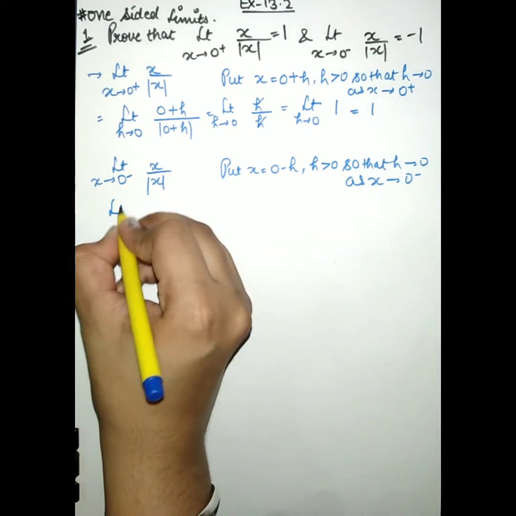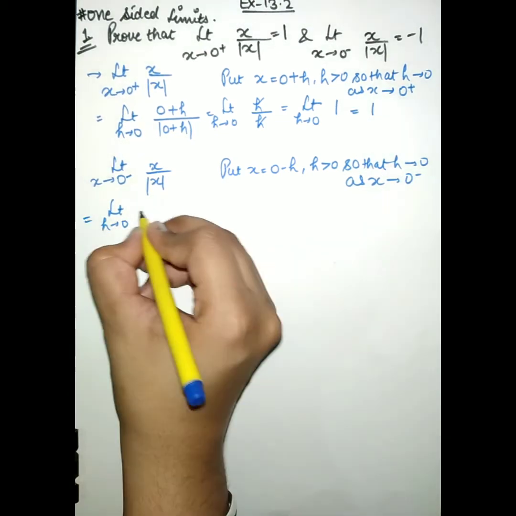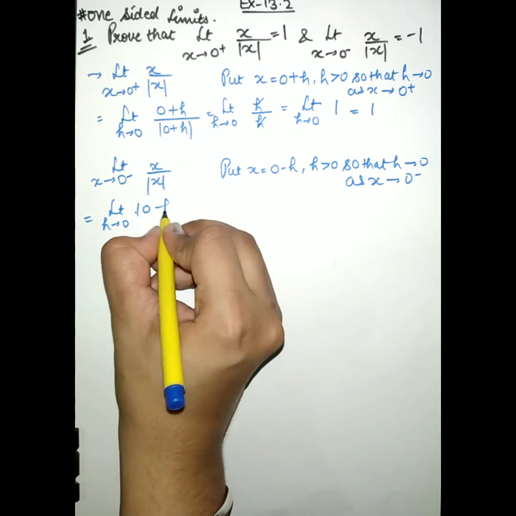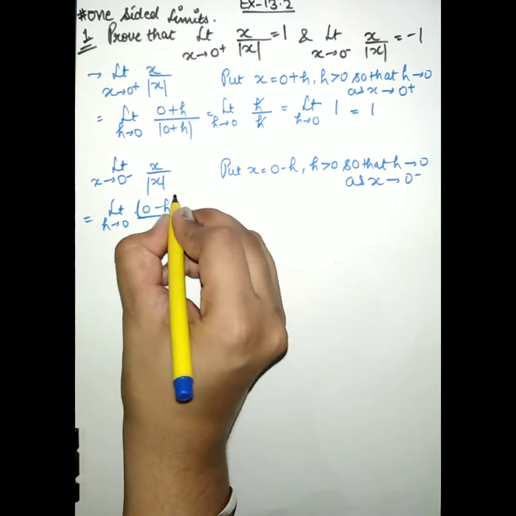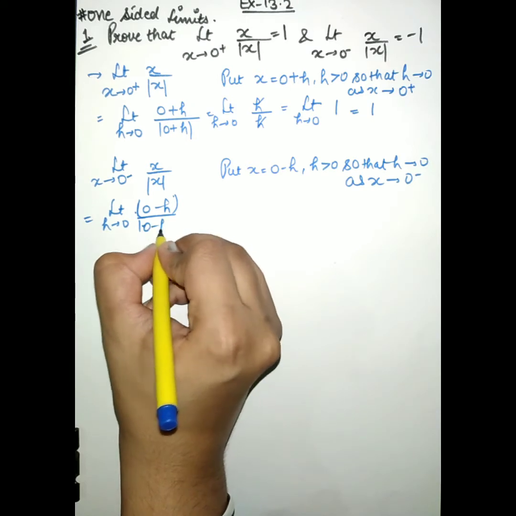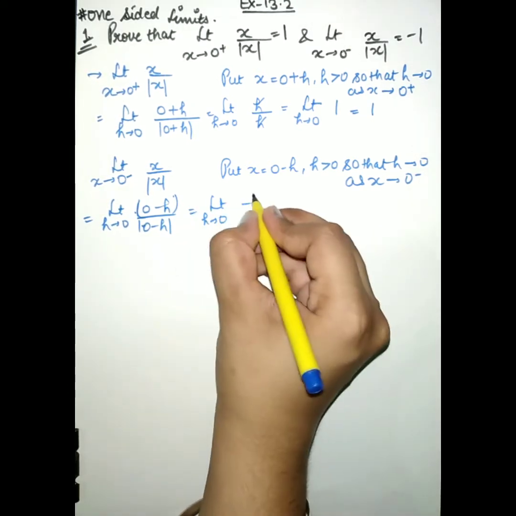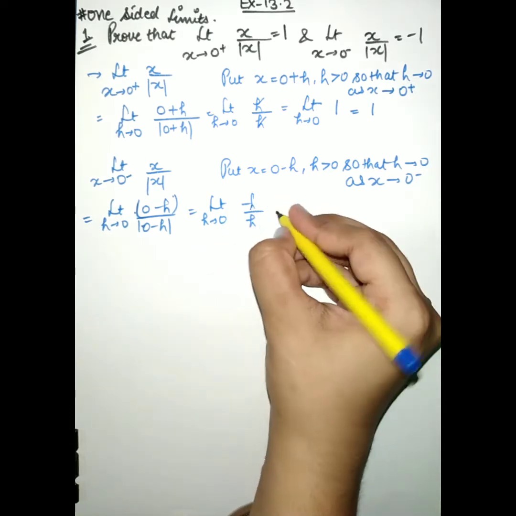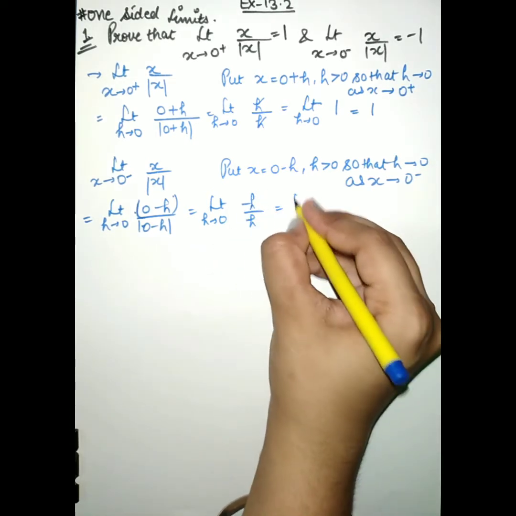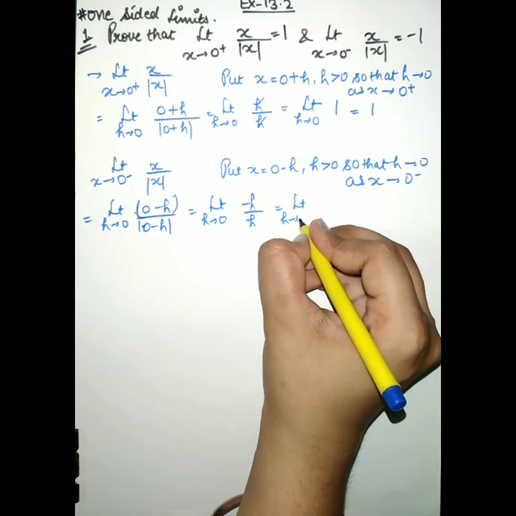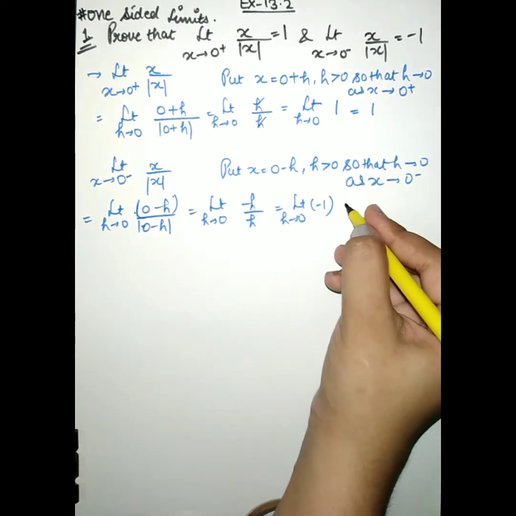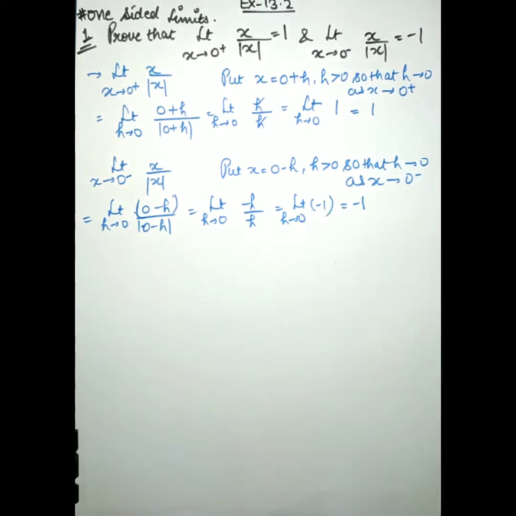Then limit h approaches 0 of (0 minus h) upon mod of (0 minus h). Then it will become limit h approaches 0 of minus h upon h. By cancelling out this term, it will become minus 1. Then limit h approaches 0 of minus 1 will become minus 1.